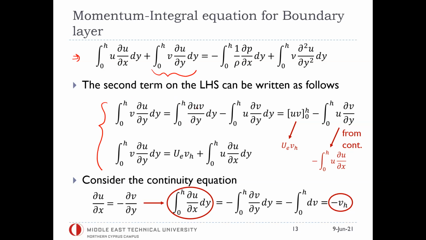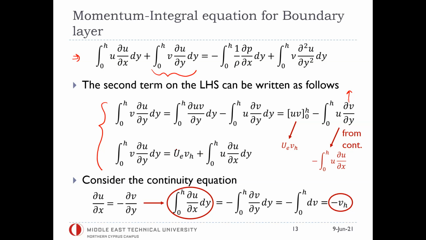Mathematically, we decomposed it into two components and worked out some relations. For example, dv/dy is actually equal to du/dx from the continuity equation. And when this is integrated from 0 to h, it becomes u at h times the value of v at h, and so on.